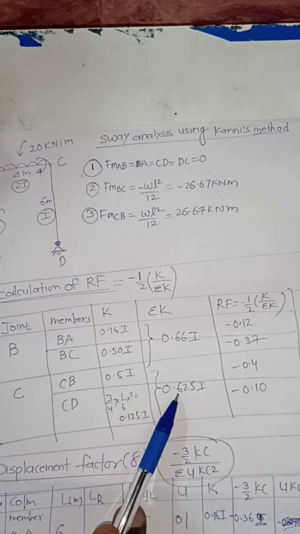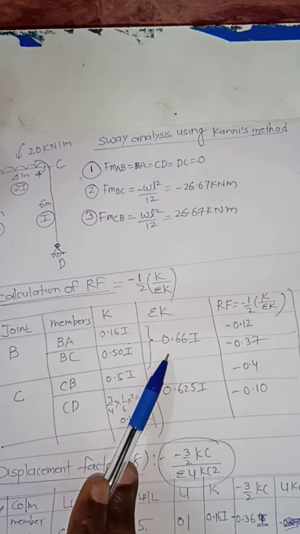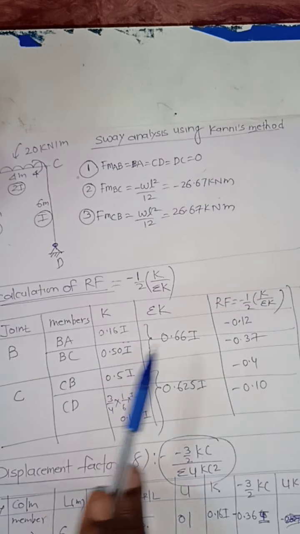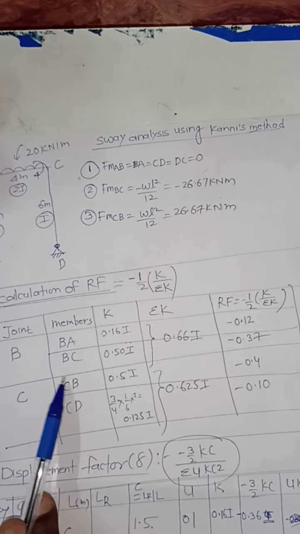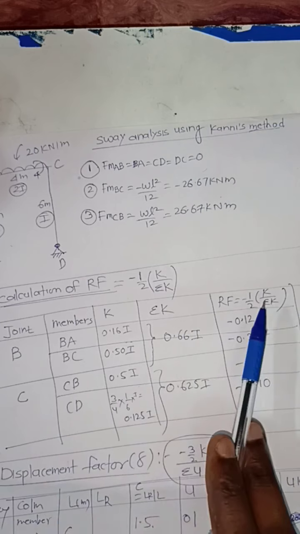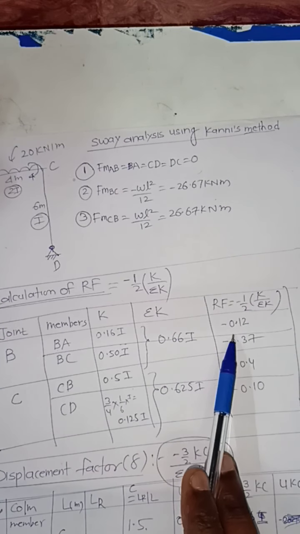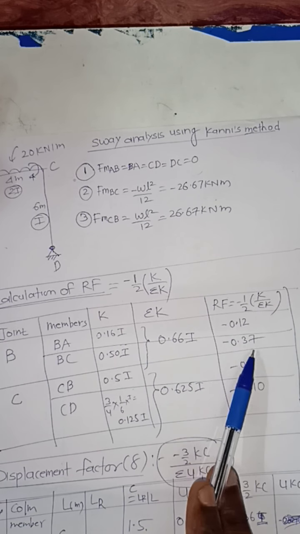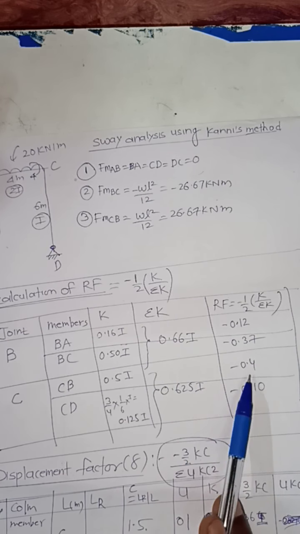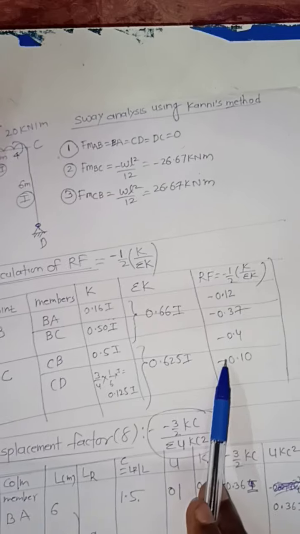So 0.5 plus 0.125 is 0.625. Now we put the values of the summation of K and calculate the rotation factor for members BA, BC, CB and CD. You will get the rotation factor for BA equal to minus 0.12, BC minus 0.37, and similarly for CB minus 0.4, and CD minus 0.10.